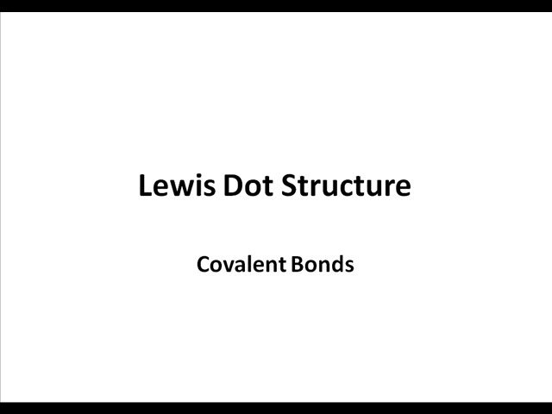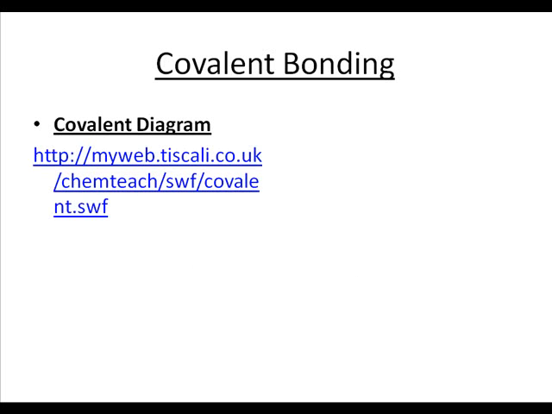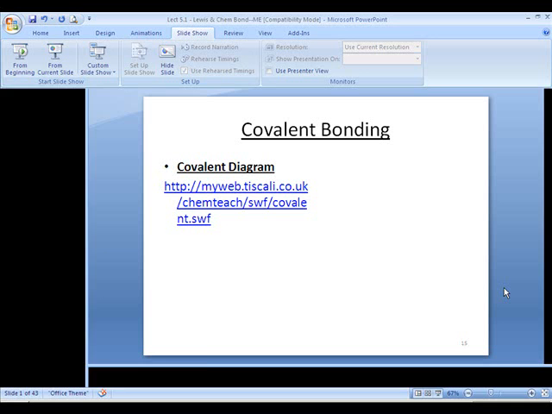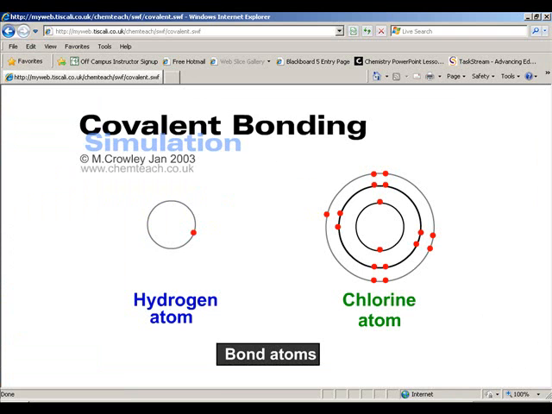So let's now use Lewis dot structures and explore covalent bonds specifically. The Lewis dot structure is a method of representing bonding, and in this case it's going to be a covalent bond. There's a very, very good internet representation of the covalent bond. Let's take a look at it now.